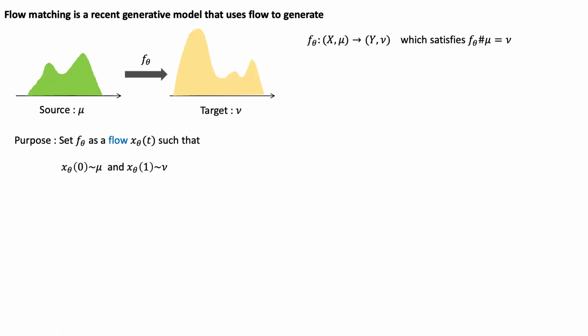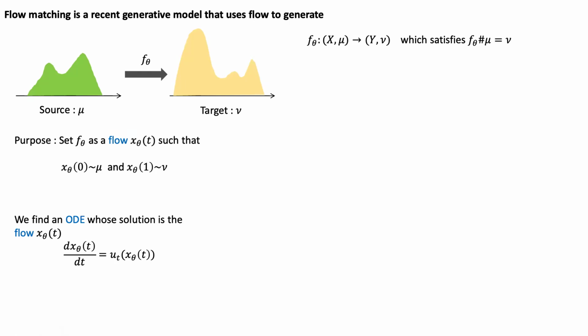You continuously, in some sense, transform the input density to the output density using this time-dependent map. Initially it follows the distribution mu, and at the end, which is time one, it follows the output distribution.